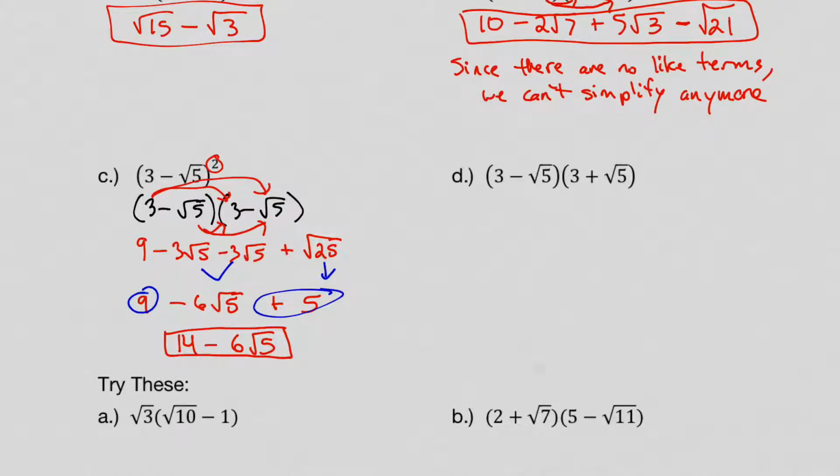So these were the same, okay, and these are different. And this is kind of introducing you to the concept of the conjugate, and we'll see what happens again with this, as we've seen before, but this time with radicals.